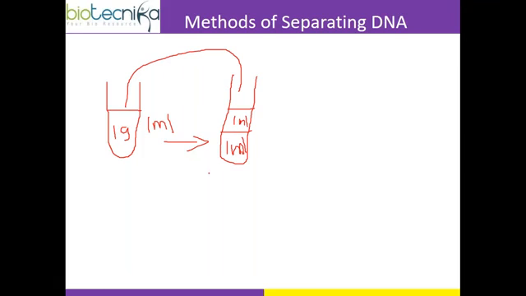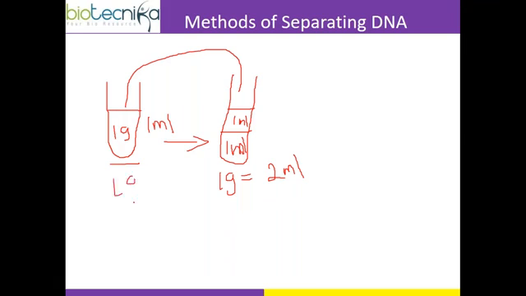Preeti, you are with me? Now, if I take the concentration, the same 1 gram is present in 2 ml. So I can say that this solution is 2 times diluted, isn't it?